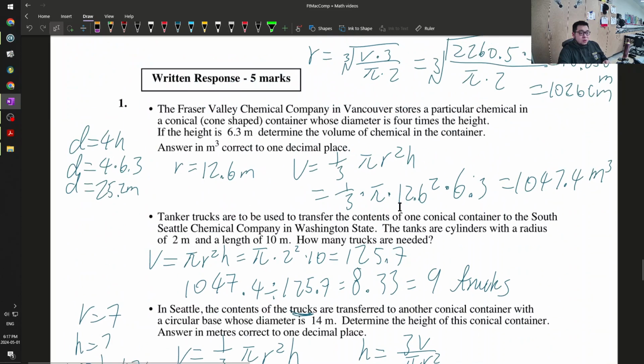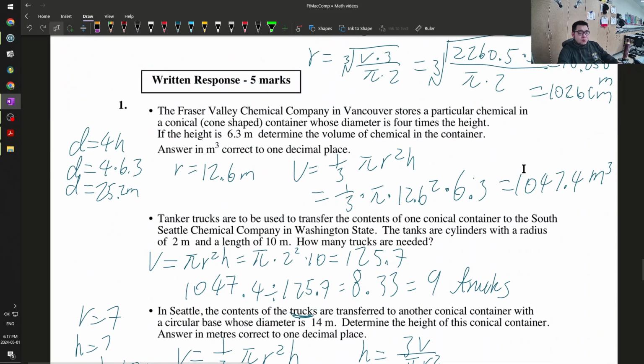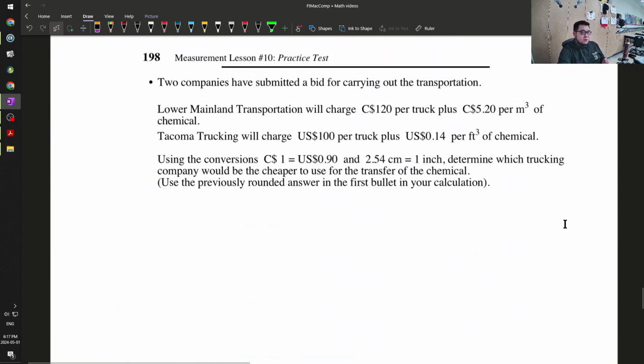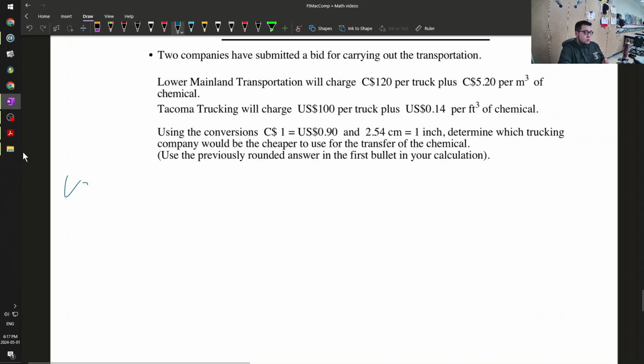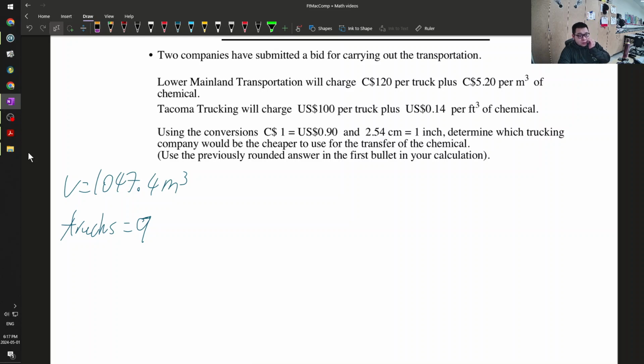So what is the total volume? The total volume is 1047.4 meters cubed. And how many trucks do I have? We have 9 trucks. Okay, so we just have to do some calculations.